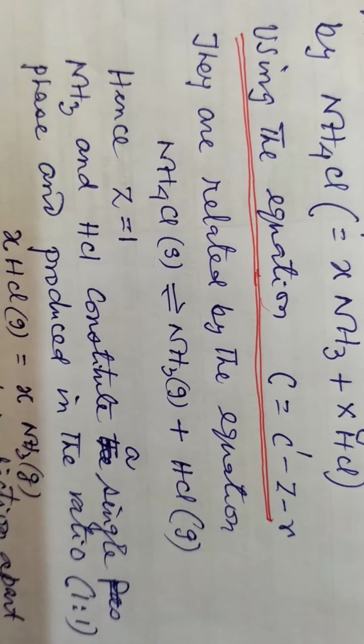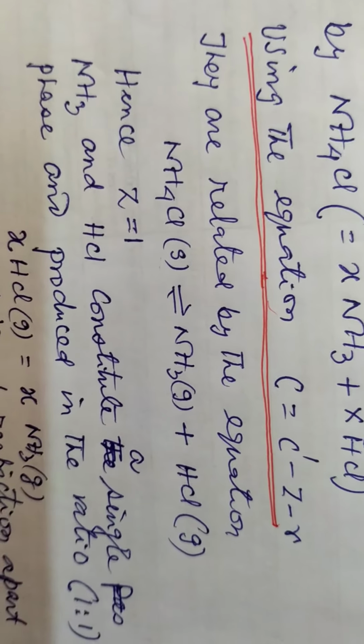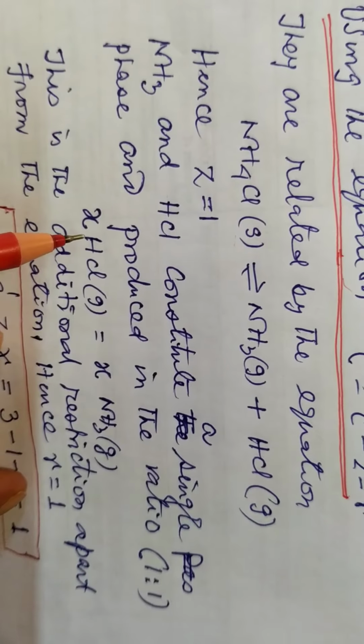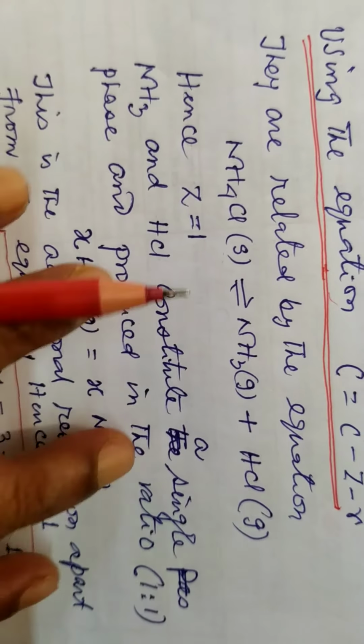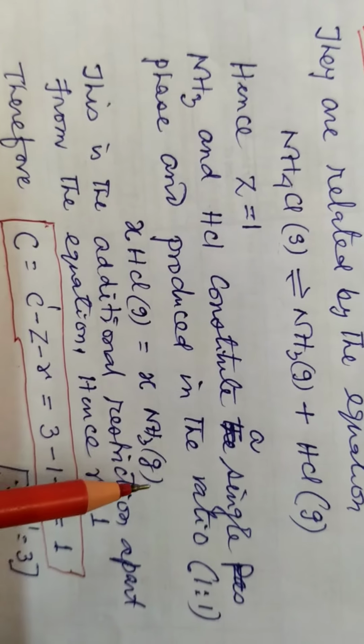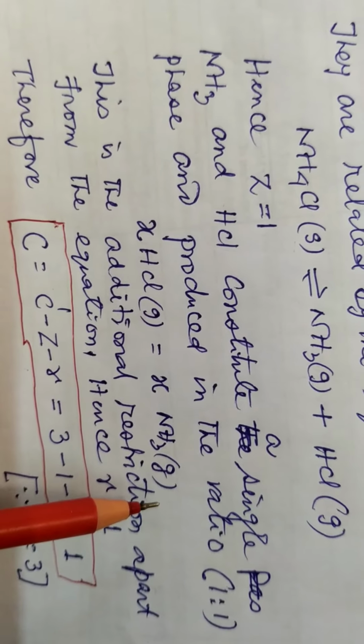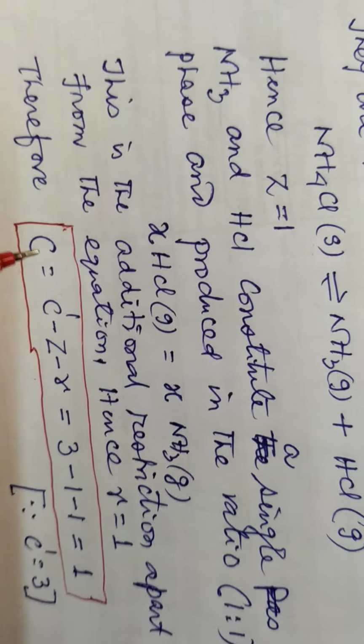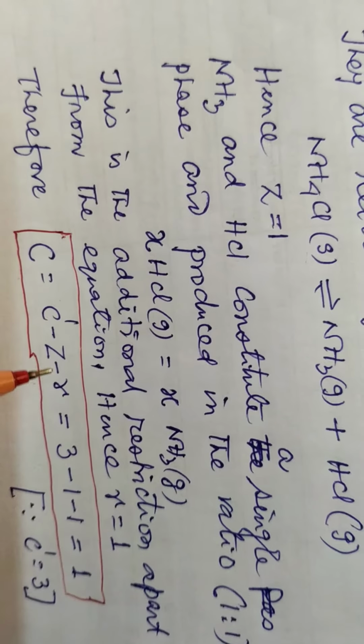So there is an additional restricting condition that the amounts of NH3 and HCl are equal, that is XHCl equals XNH3. So here R equals 1.